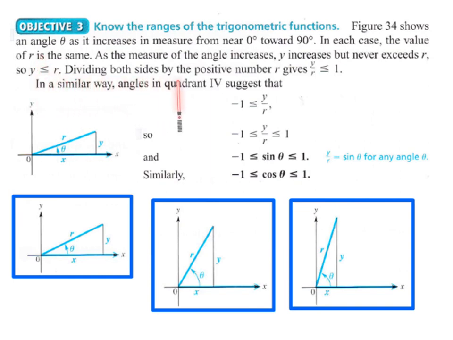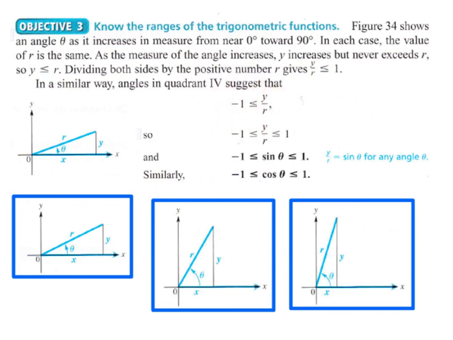If you divide both sides by the positive number r, then you get y over r is less than or equal to 1. And again, it's important that we know r is positive, because if we divide both sides by a negative, then we have to flip the inequality. So y over r is going to be less than or equal to 1, and only equal to 1 if the theta is actually 90 degrees. So that gives us an inequality here.